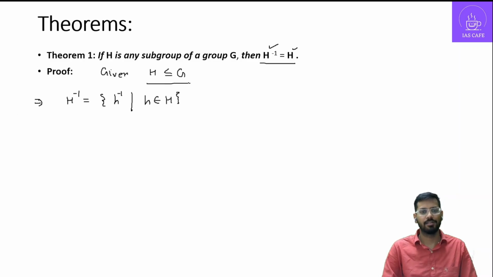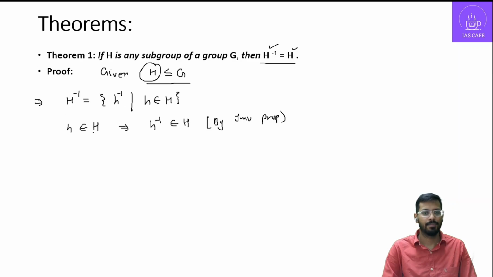Given that H is a subgroup of G, this H will satisfy all four basic properties of a group. So if h belongs to H, that implies h inverse should also belong to H by the inverse property. So from this we can say h inverse belongs to capital H inverse.